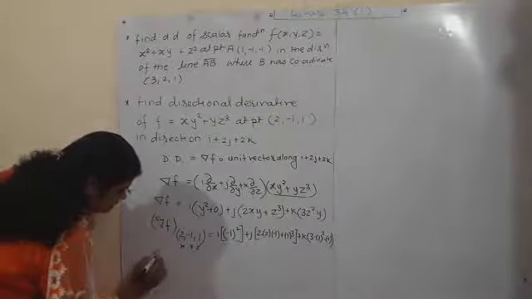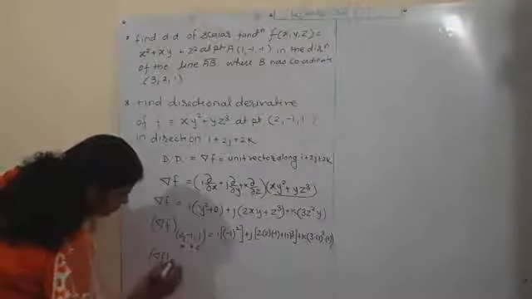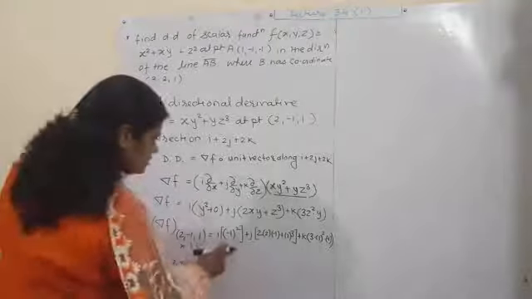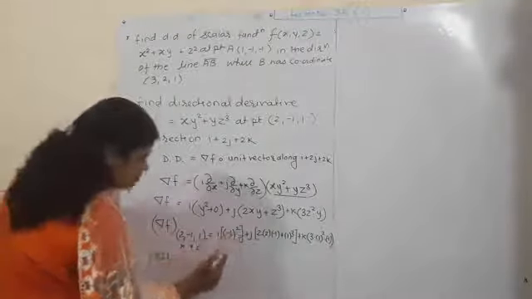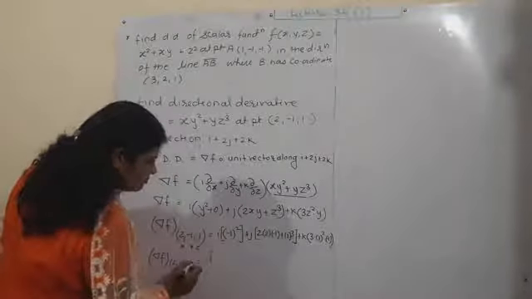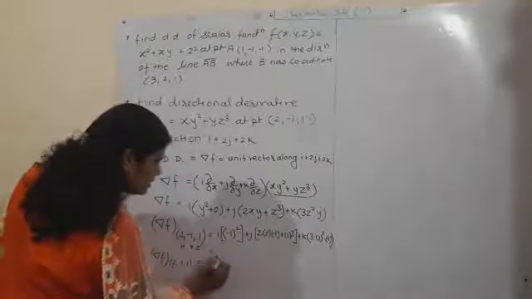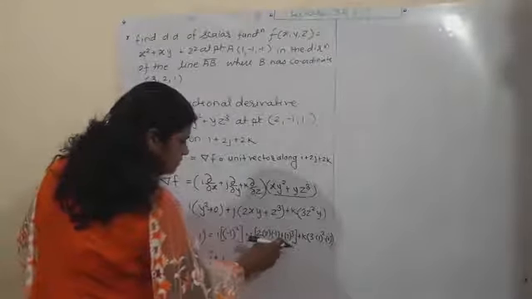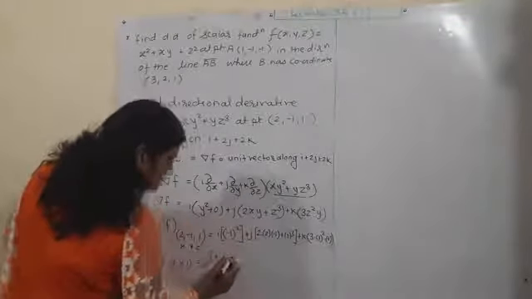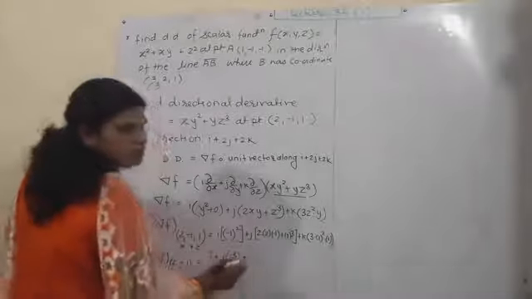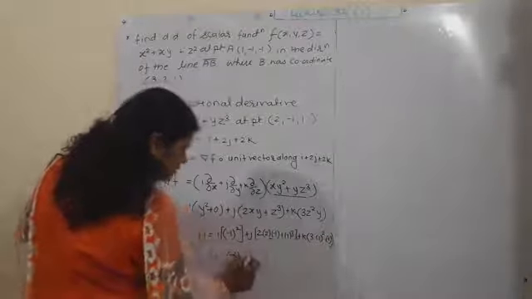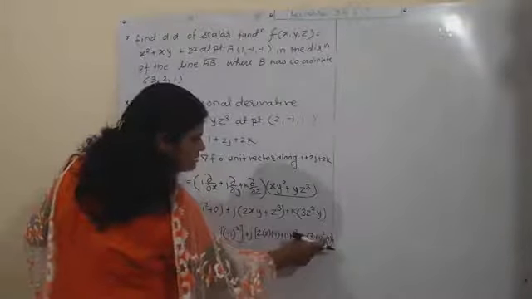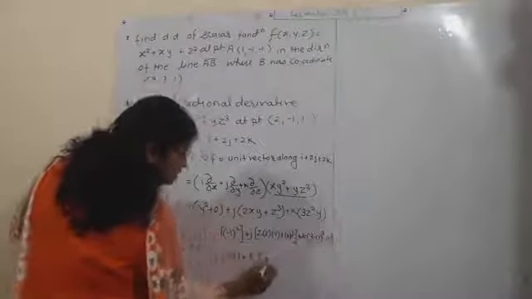So we put that value, grad of f at the point 2, minus 1, 1 equals: here is minus 1 square, so 1, so simply there is i, then plus j, 2 into 2, 4, minus 1, so minus 4 plus 1 cube is 1, so minus 4 plus 1 is minus 3, so that is minus 3, plus k into 3 into 1 square, that is 1, and there is into minus 1 as the value of y, so 3 into minus 1 becomes minus 3.